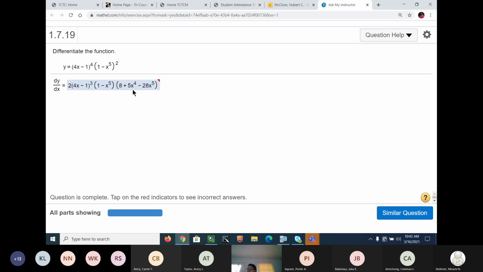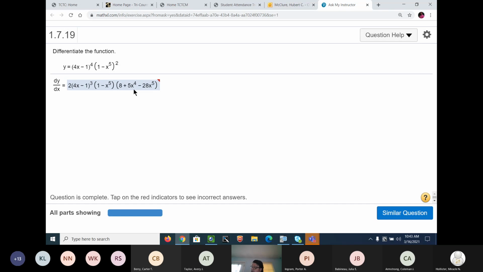I'm looking to see what they did. This is some raunchy algebra here, because you've got x to the 5th. Lord have mercy. 1 minus x to the 5th and 1 minus x to the 5th. It looks like to me they just went through and did the algebra.